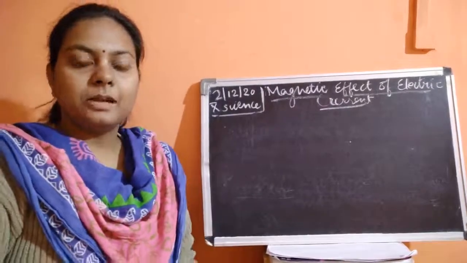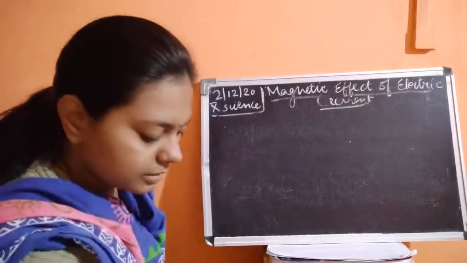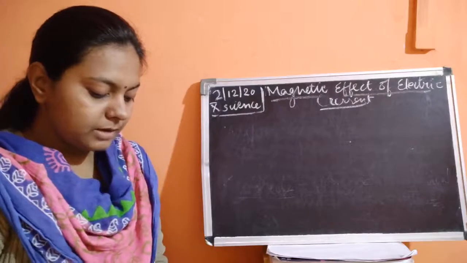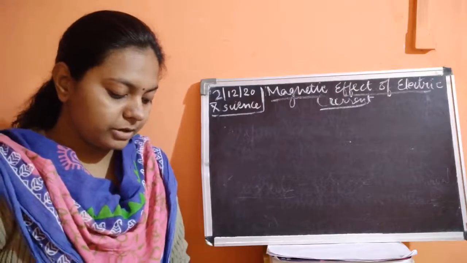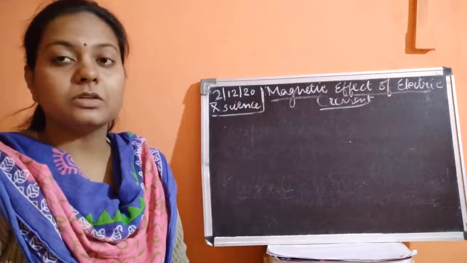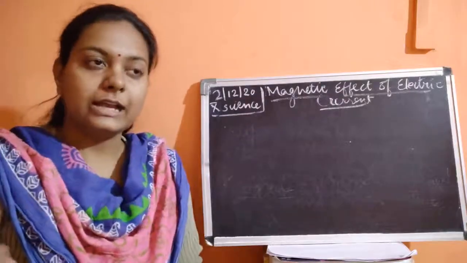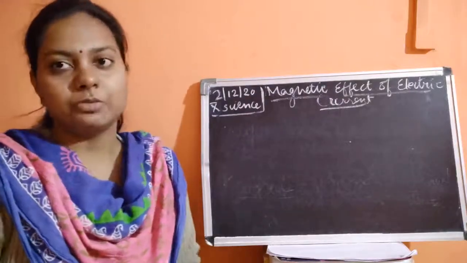The second property was that the magnetic field lines originate from north and form closed curves, as the direction is from north towards south outside, and inside the bar magnet it is from south towards north.